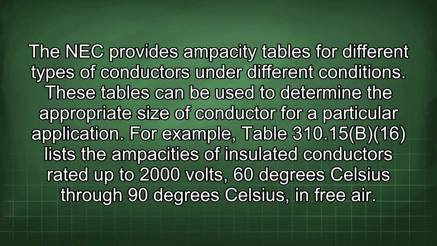The NEC provides ampacity tables for different types of conductors under different conditions. These tables can be used to determine the appropriate size of conductor for a particular application. For example, Table 310.15(B)(16) lists the ampacities of insulated conductors rated up to 2000 volts, 60 degrees Celsius through 90 degrees Celsius, in free air.